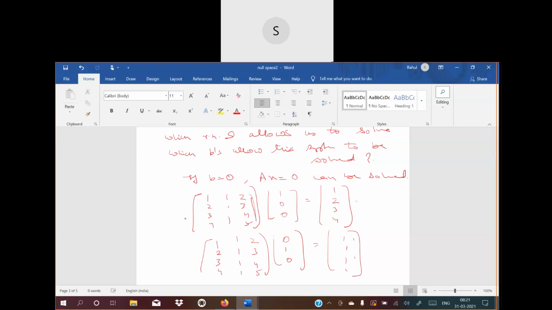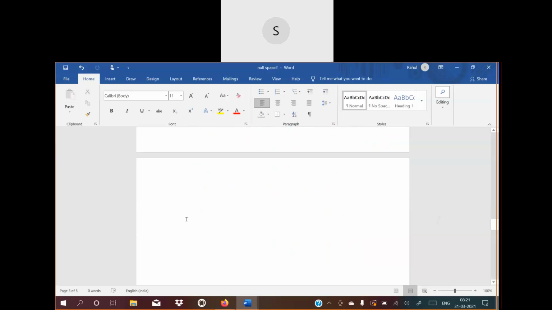And another space that we talked about is the null space. Now what is the null space? Null space is where we are solving a homogeneous equation Ax equal to 0, such that x is the solution.